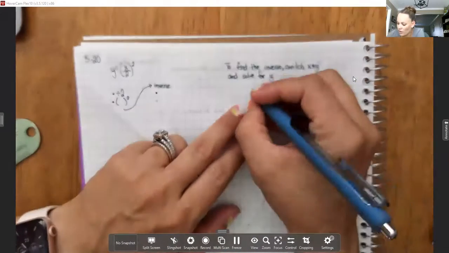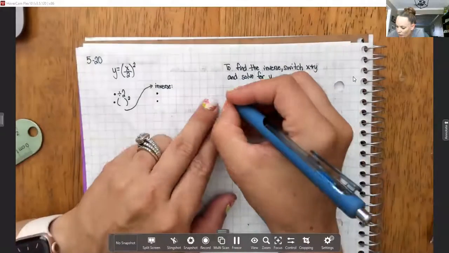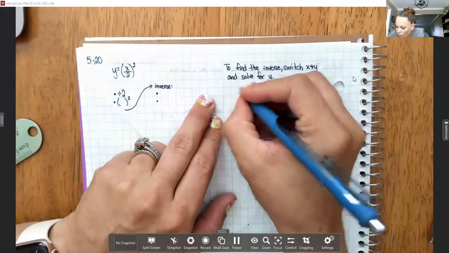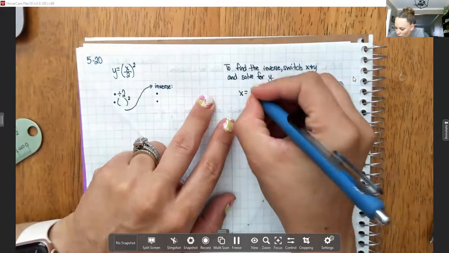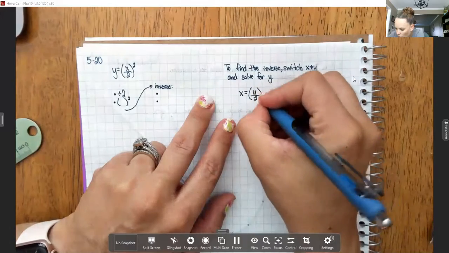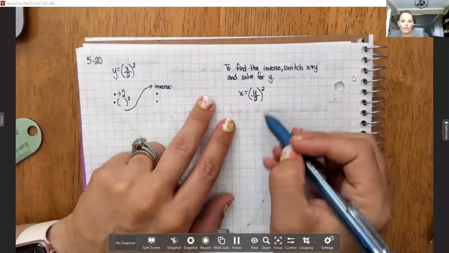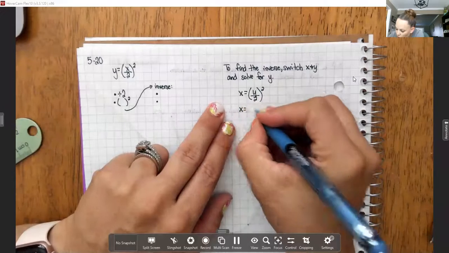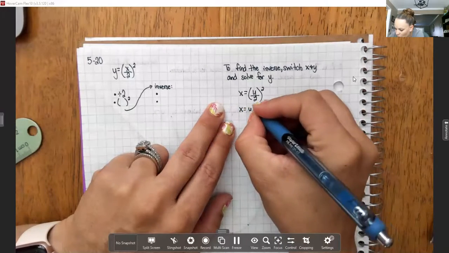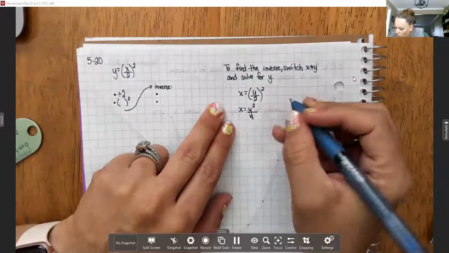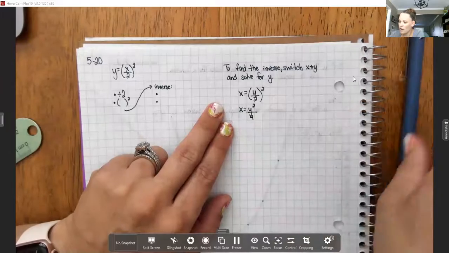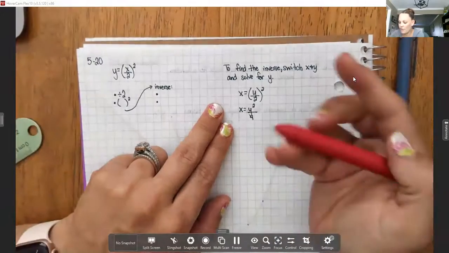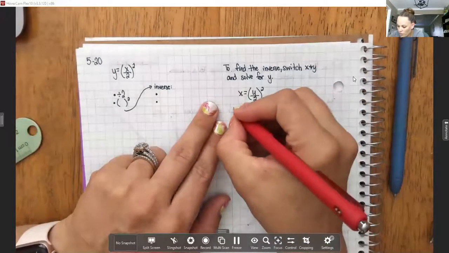So to do it this way, again, we switch x and y, and we would solve this for y. I would have to square this side, so that'd be y squared over 4. I would multiply both sides by 4 to get y alone.